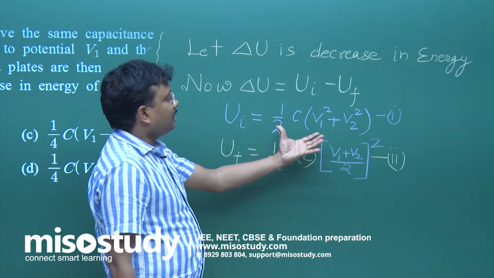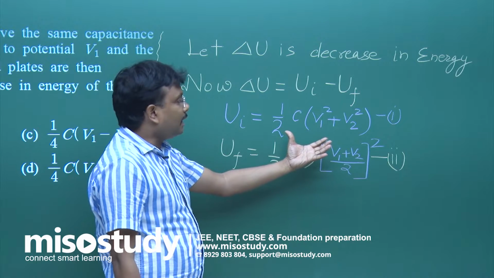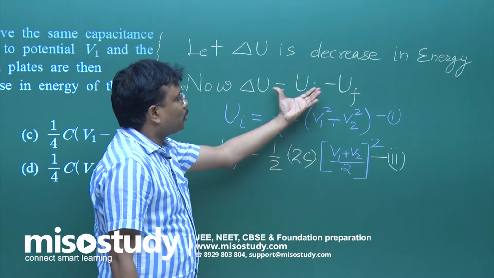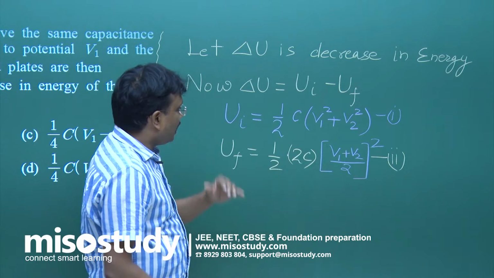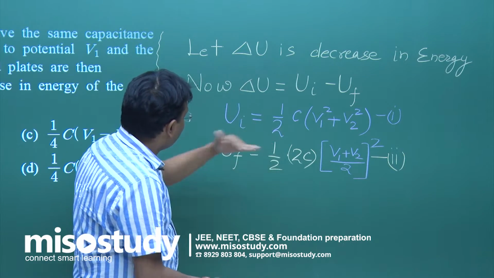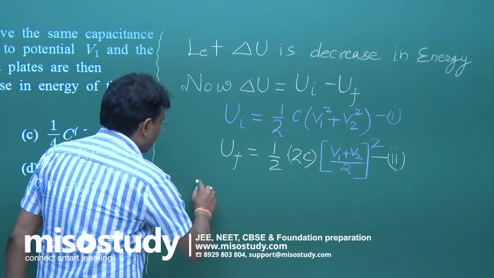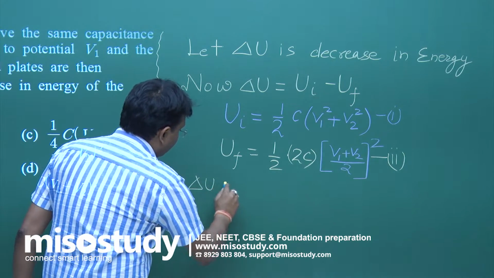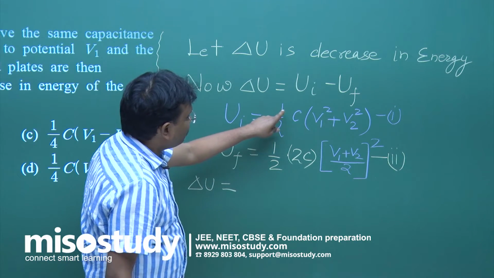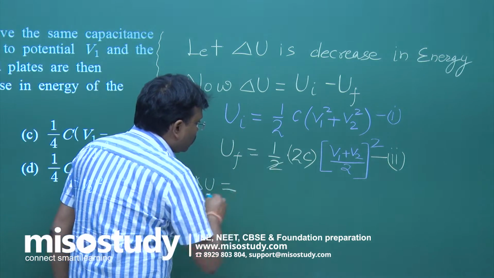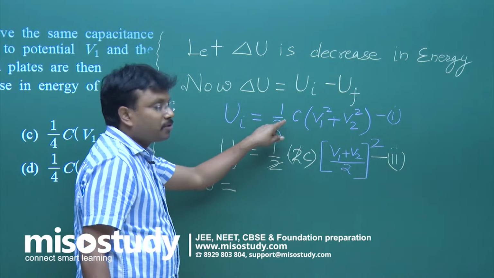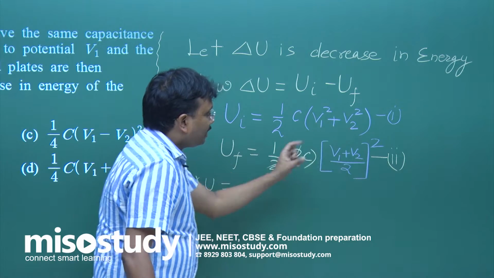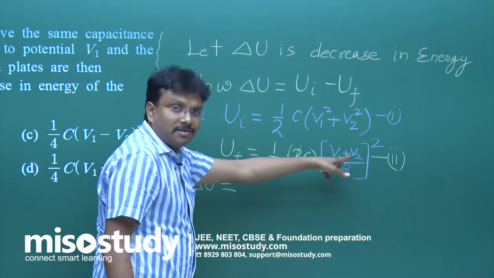Now nothing very difficult is left. Just put in these values, solve it, and you will get the answer. I will write down the next step at least for your understanding. Delta U is equal to, this 2 and 2 get cancelled, here it is 1 by 2 C times this bracket minus C times this bracket.